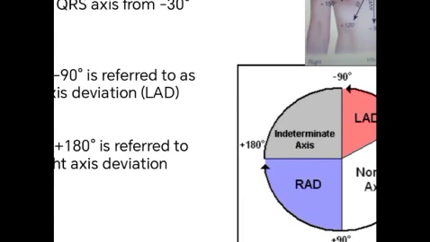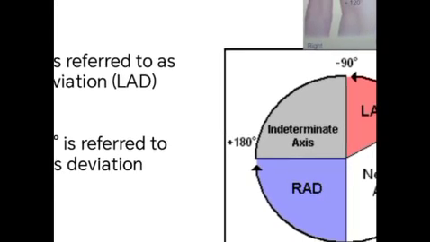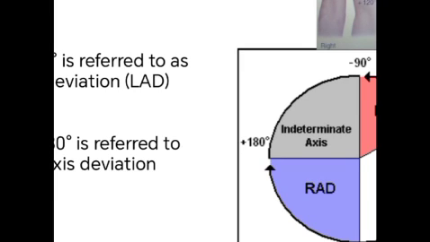So we have what is called left axis deviation, right axis deviation, what is normal, and the indeterminate axis. The normal one, as we say, lies between minus 30 and positive 90 in this circle.